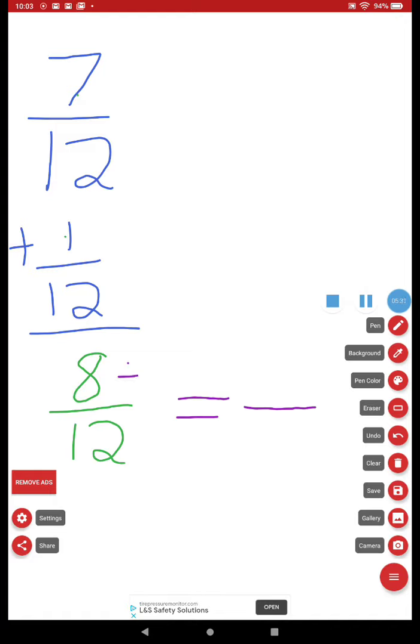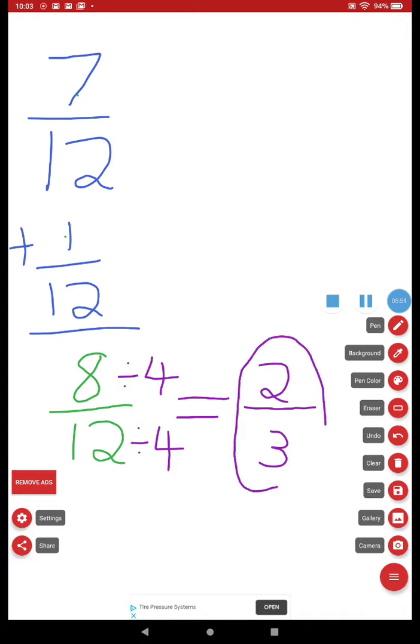Can 4 fit inside of 12? Yes, it can. So let's divide out 4. 8 divided by 4 is 2. 12 divided by 4 is 3. So when we take 7/12 plus 1/12, we get 2/3.